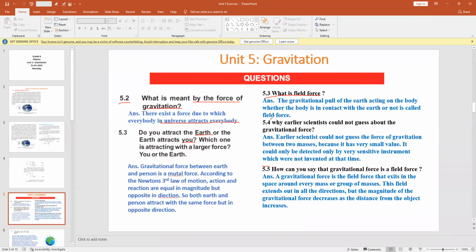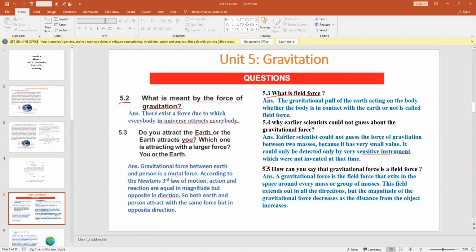You know that 10 raised to the power minus 11 is a very small value. We cannot even feel it in our daily life because this value is so small. And at that time, sensitive instruments were not invented, so that's why the earlier scientists could not guess about the gravitational force. The instrument that is used to measure the gravitational force is a gravimeter.